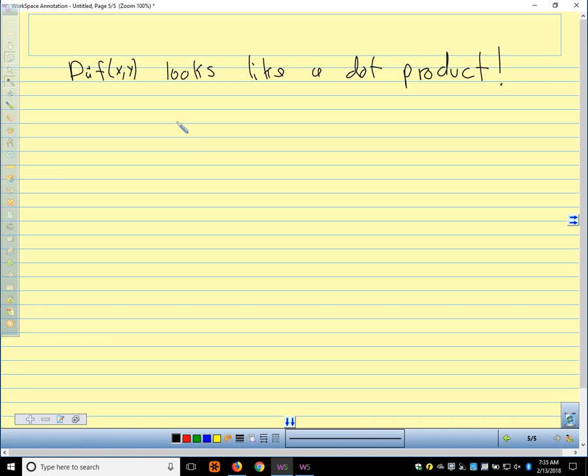And we can write it in this notation: the directional derivative of f(x,y) equals this vector, df/dx, df/dy, dotted with the unit vector u.